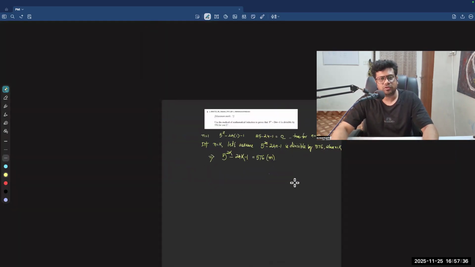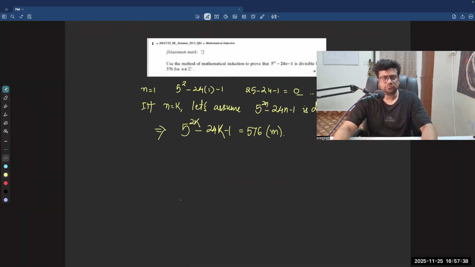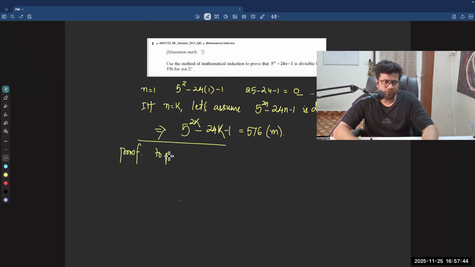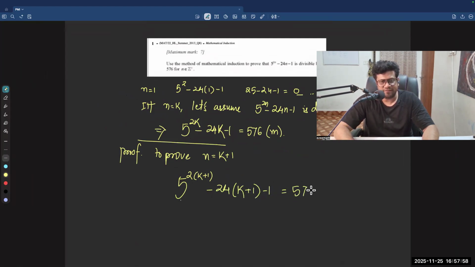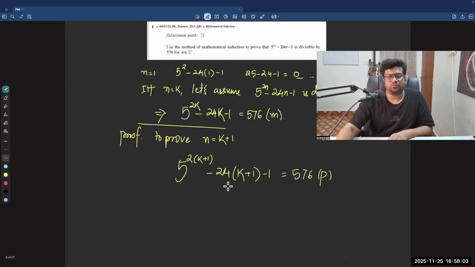Okay. So you go, now set up the proof. Proof is where you're like to prove that it's true for n equal to k plus 1, meaning 5 to the power of 2 times k plus 1 minus 24 times k plus 1 minus 1 is 576 times some integer. This is what I want to prove.